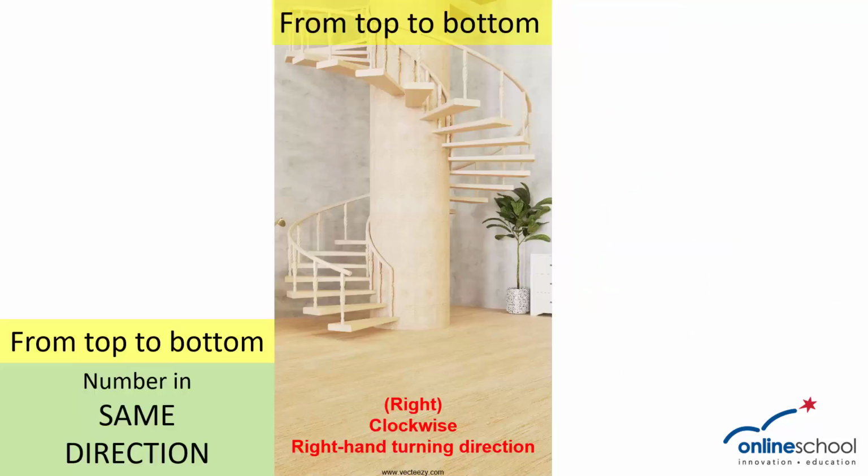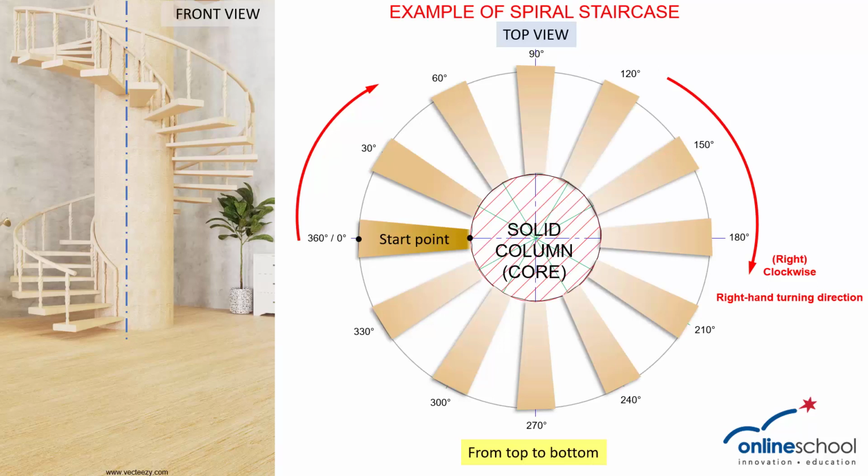Now let's take a look at what will happen with our construction if we still have a right-handed turn or a clockwise direction, but in this example we're going to go from the top moving down, and therefore our numbering on our construction will be in the same direction.